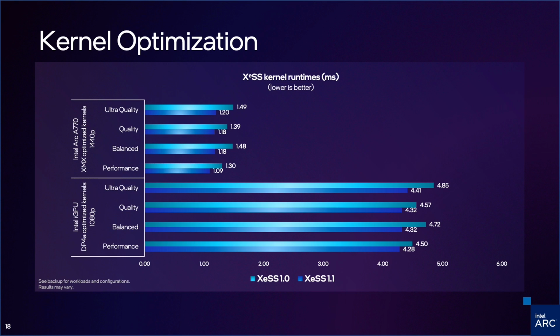Kernel runtimes are dependent on output resolution, but not on input resolution, so execution times do not vary that much across XeSS quality modes. This performance improvement in XeSS kernels will help games get a small performance boost. For example, if you are targeting to run your game at 60 FPS, you now have up to half a millisecond extra time each frame for your rendering budget.